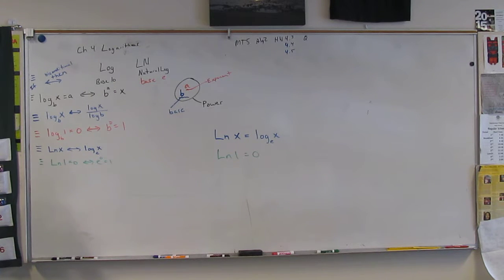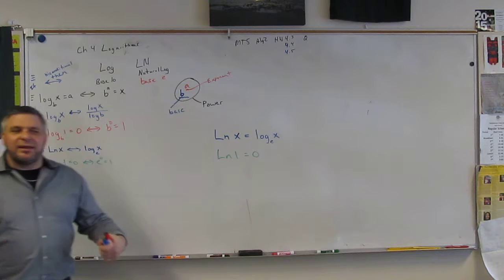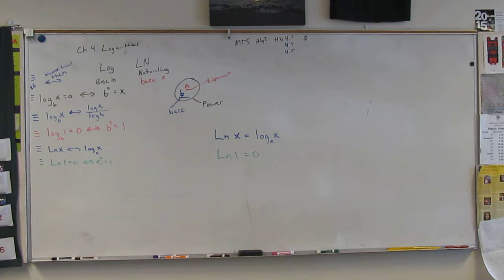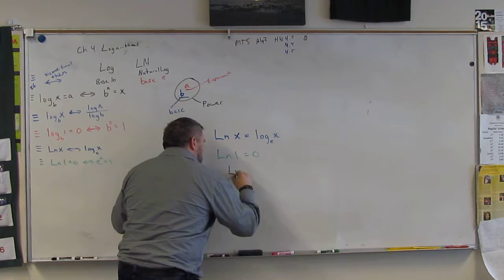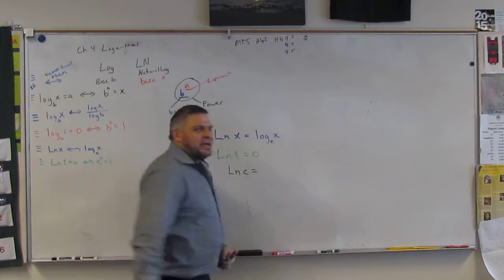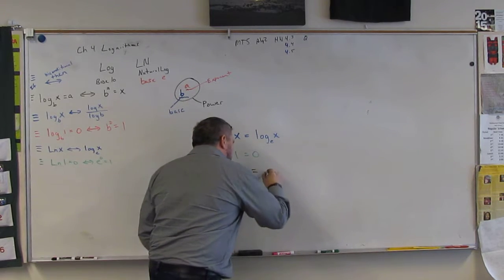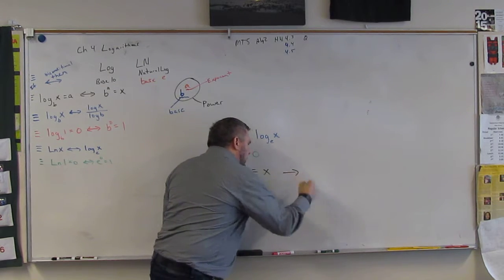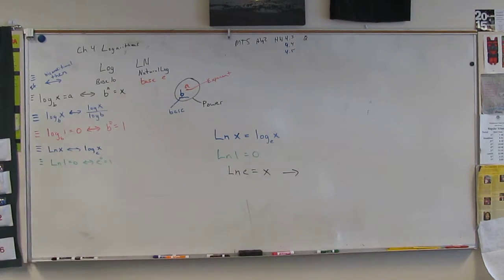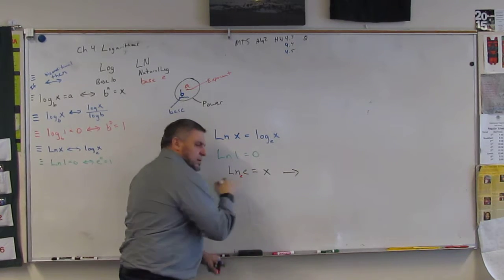Now I just realized something that I forgot to show. I'm going to show it with ln. They always show it with ln. Okay. ln of e is equal to what? So let's think about that. For right now, let's call it x. Now, what's the base of ln? Remember?